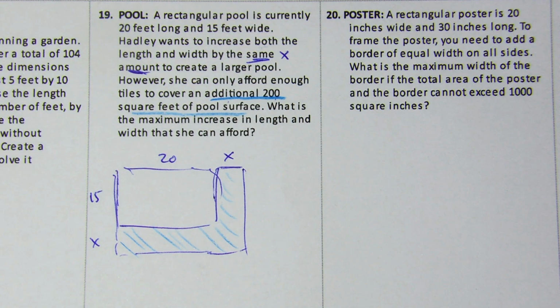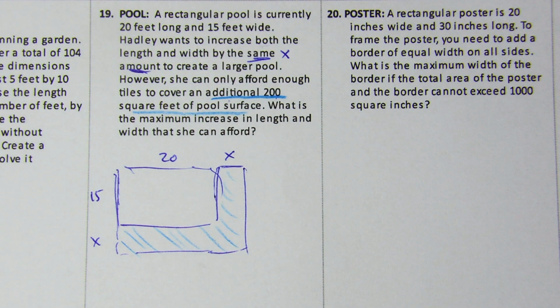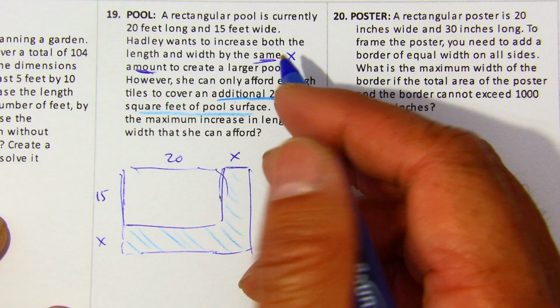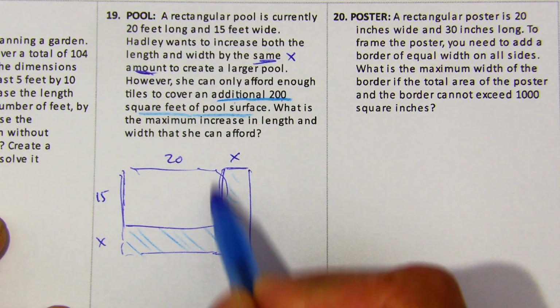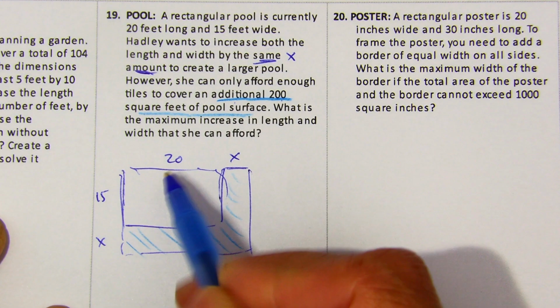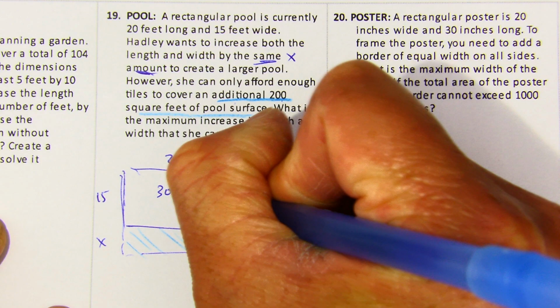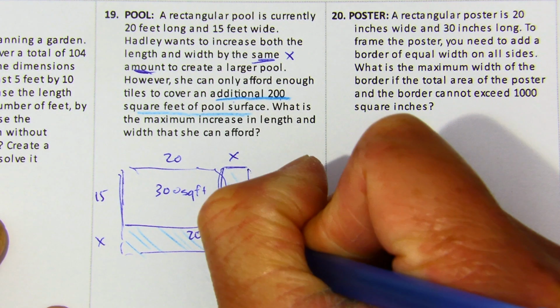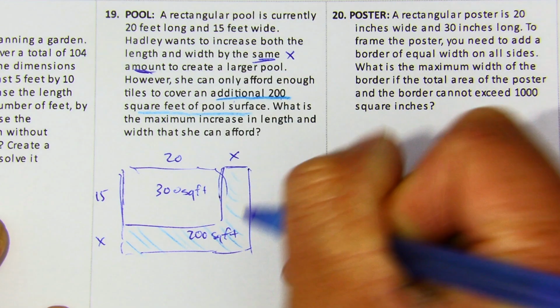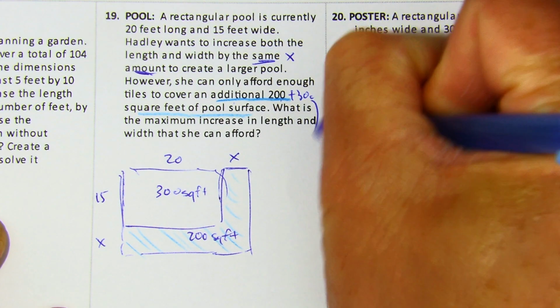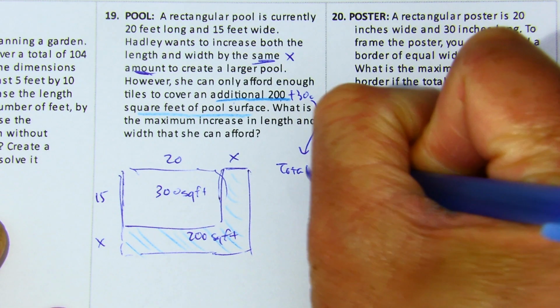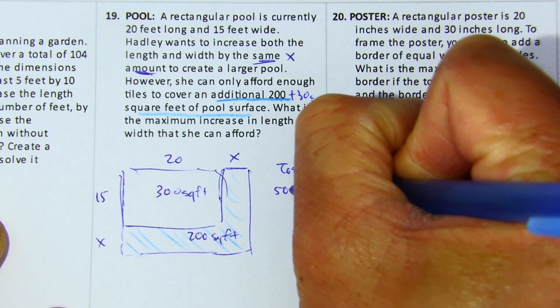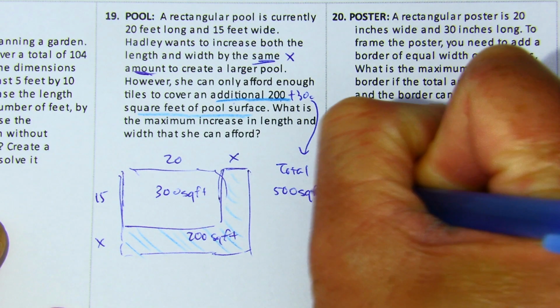Okay, one thing that we need to note is the original pool, 15 times 20, is 300. So this is 300 square feet, and she can afford 200 more square feet. 200 plus 300 gives me a total of 500. Now the units aren't important.